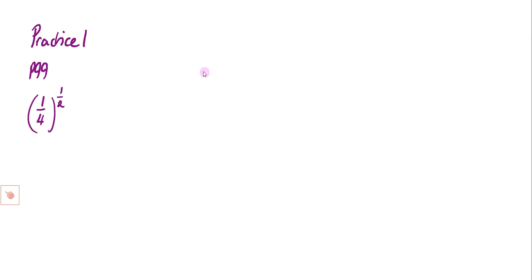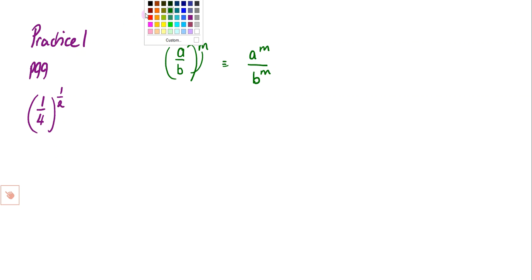Remember that? If we have a over b to the power of m, how can I write that in another way? Okay, so it gets distributed between both. So my first step here would be to do that.